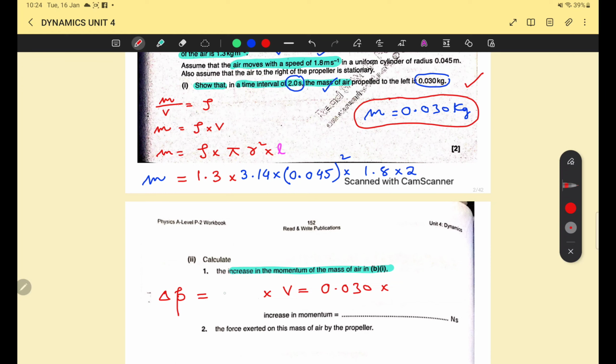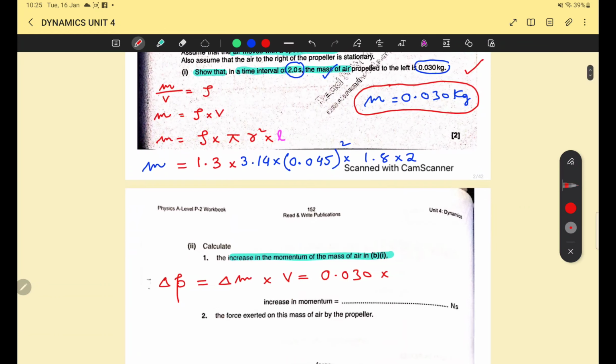The velocity is constant in this topic. The propeller is driving the mass of air. The mass does not remain stationary in front of the blade. The blade of the propeller is throwing air, so the mass of air is changing. 0.030 kg mass of air is thrown out, and the speed is 1.8.